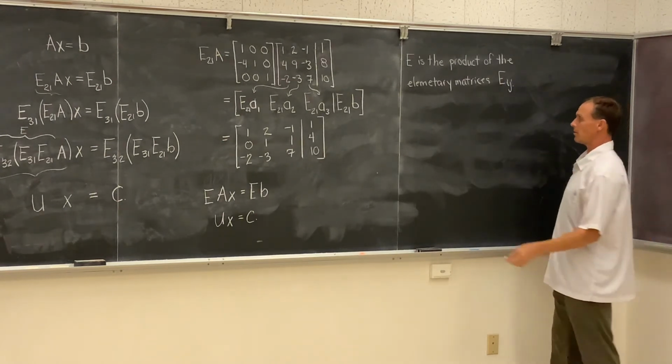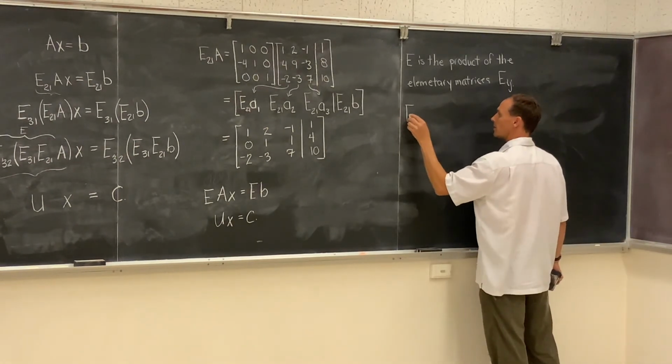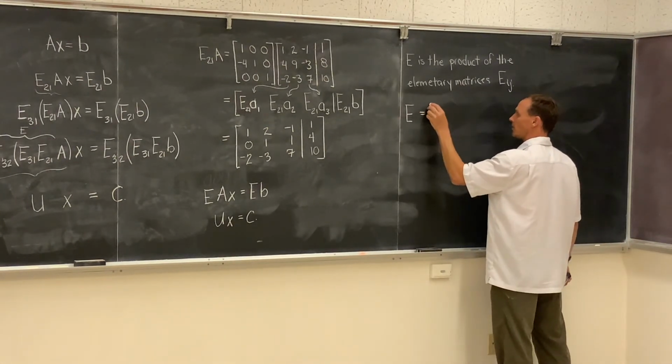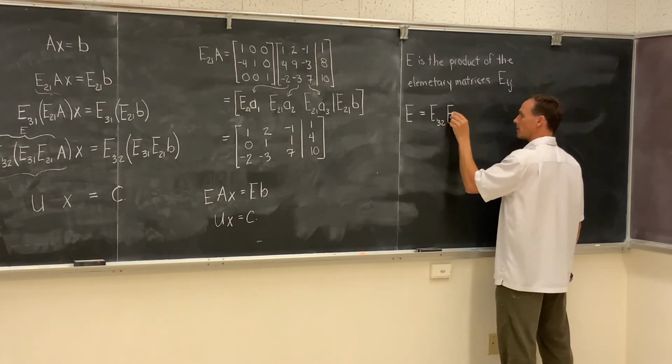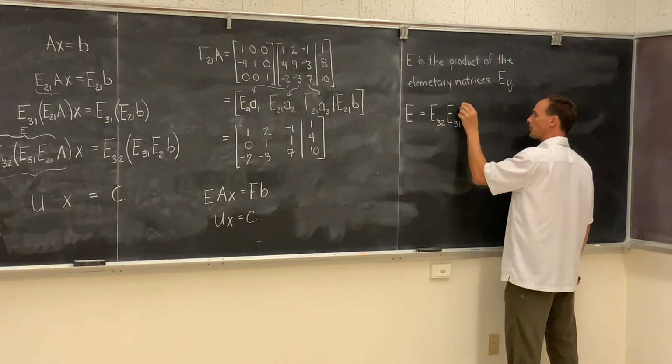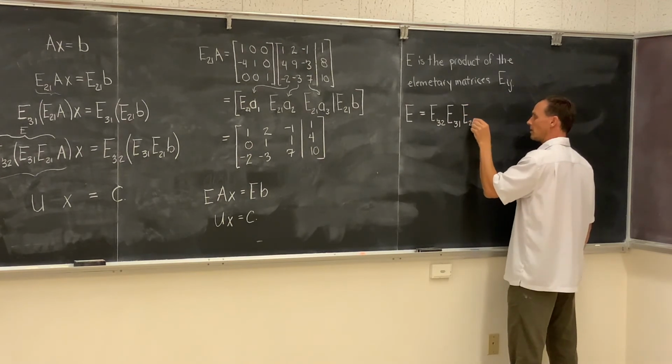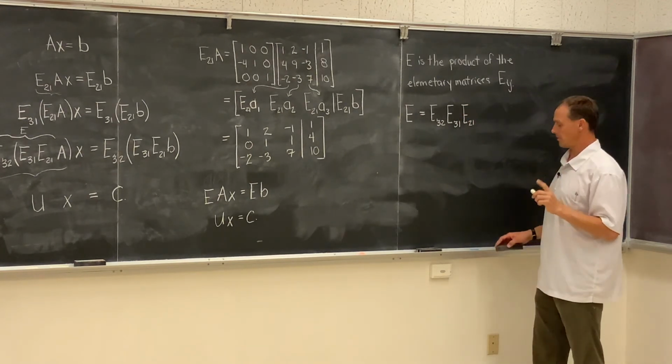So for our problem here, E is the result of E32, E31, E21. Now, there's something very important here.